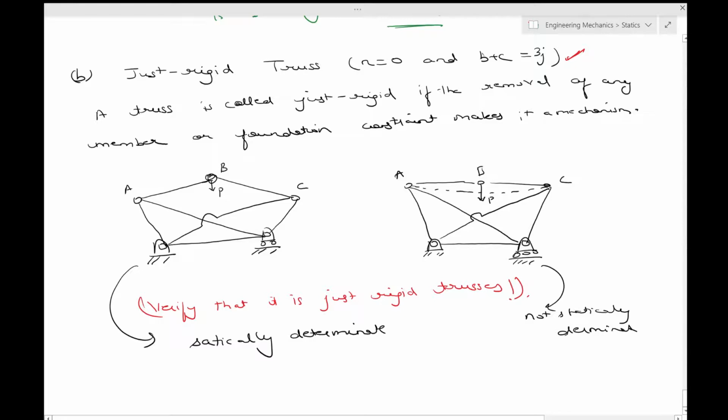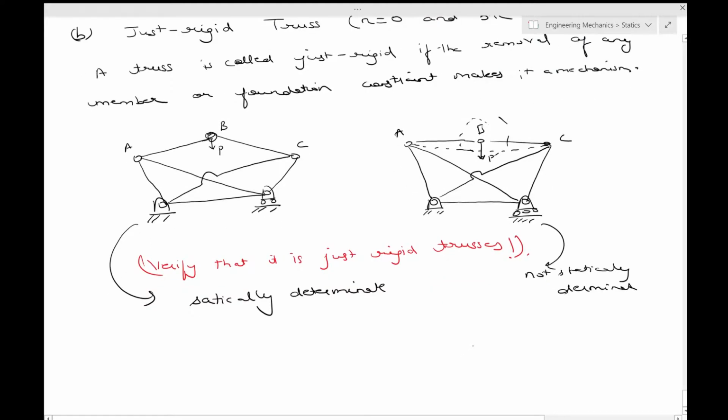If you want to focus on this B part, let me draw that separately. So the original position is B and the final position is moved over here, so let's call it B dash, and this is C, this is A, and this is B. This angle is theta.